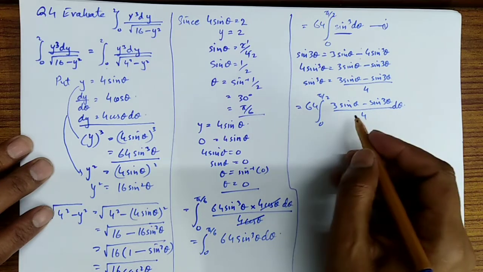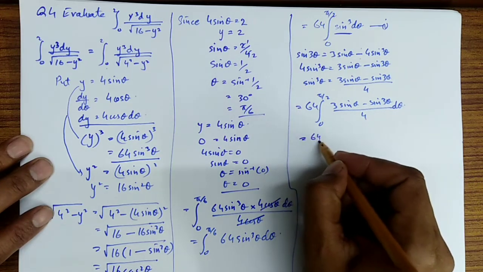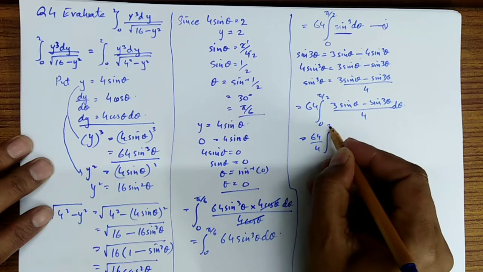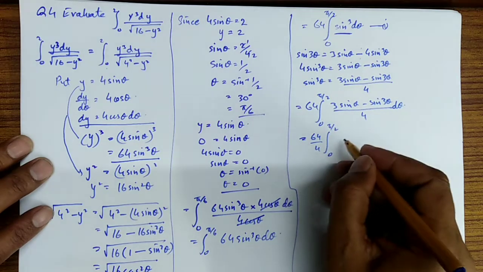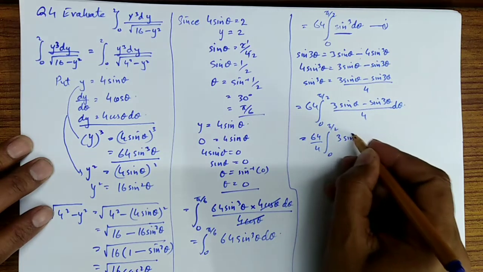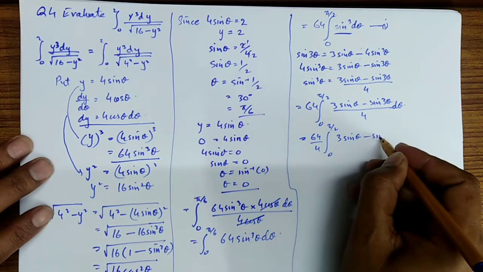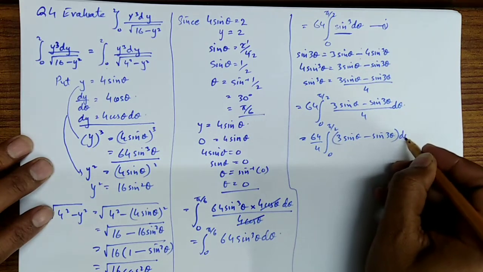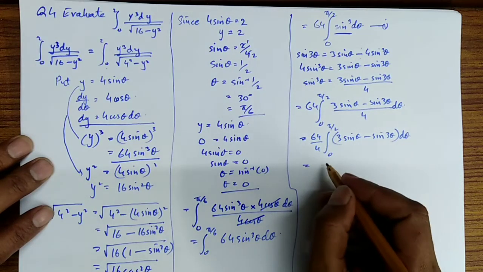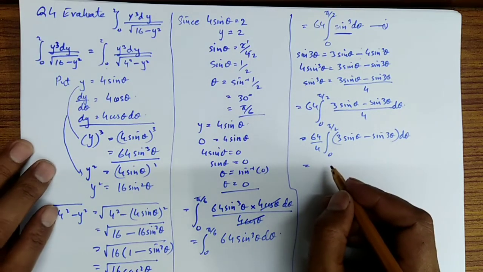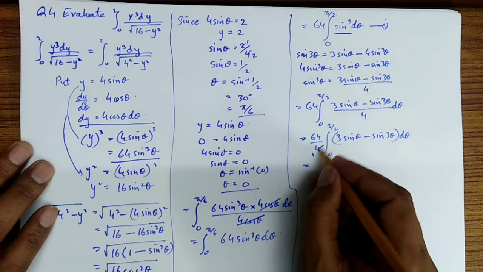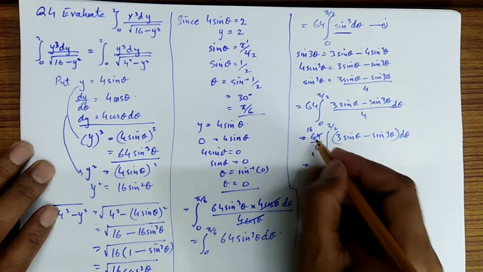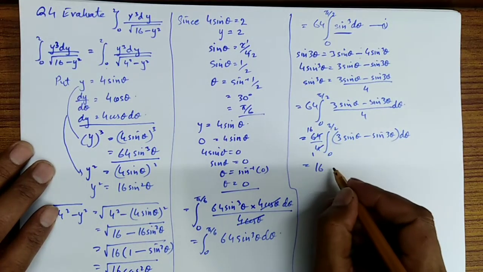Take this 4 outside here, that will be 64 upon 4, integral 0 to pi upon 2, 3 sine theta minus sine 3 theta d theta. This will be, now the solution will be 4 1s are 4, 4 16s are 64, so 16.